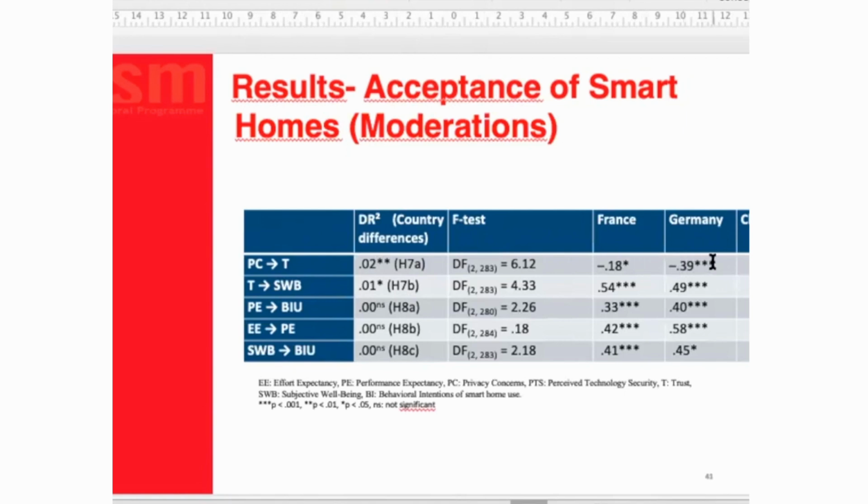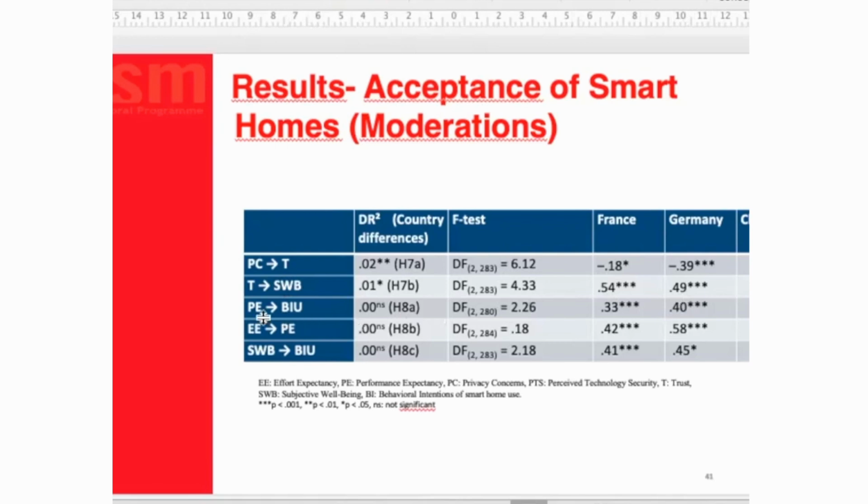This shows that, in decreasing order, the impact of privacy concerns on trust is most negative in Germany, followed by France, and not significant in China. And we can also see that the impact of trust on well-being is highly significant and higher in Western civilizations, France and Germany, than in masculine societies such as China.